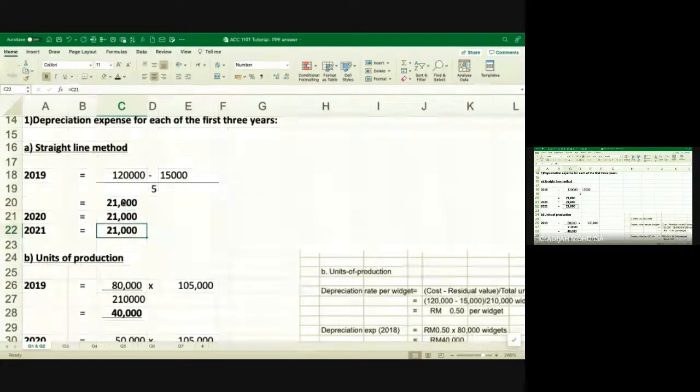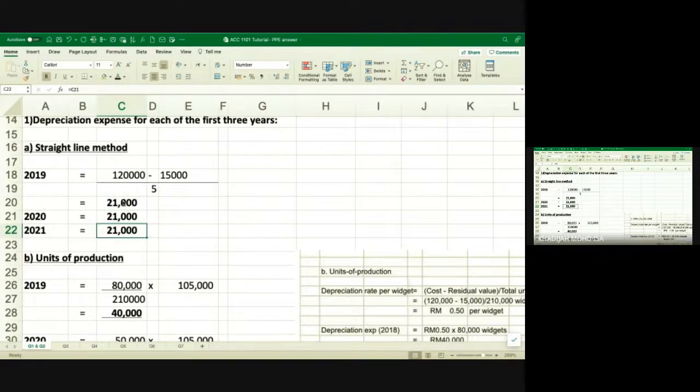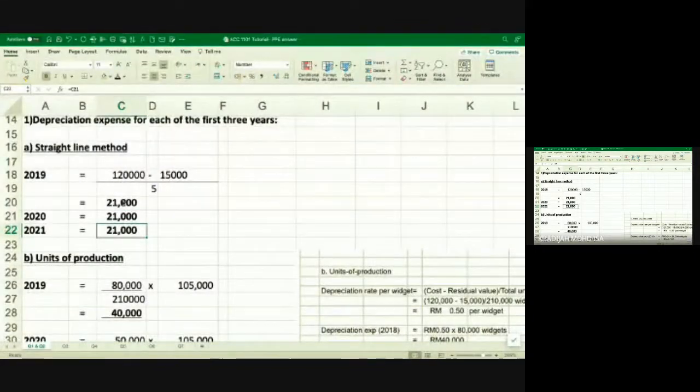Is that clear? Yes, madam. Right, so this is how you do the straight line method. It's very straightforward. Your cost minus your residual value over the 5 year period. So how many more years can you depreciate the asset? You have 3 years here.